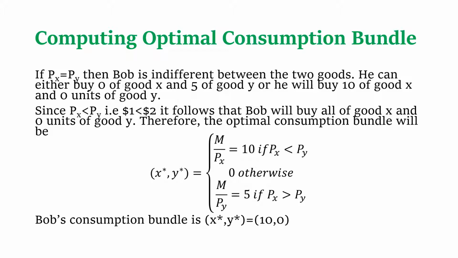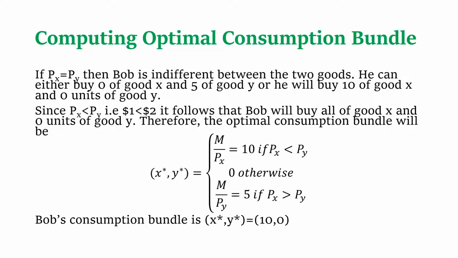There is no differentiation here. We don't have to differentiate anything for these functions. Okay? So this is so simple to do. You look at the price of the goods. If the price of good 1 is smaller than the price of good 2, then the optimal bundle will be what?